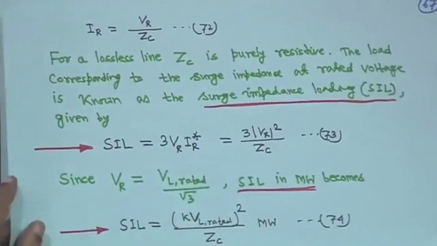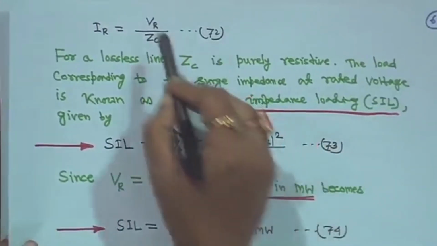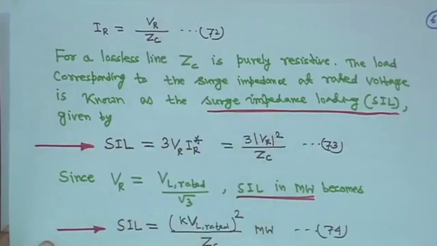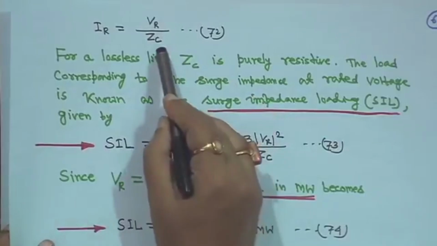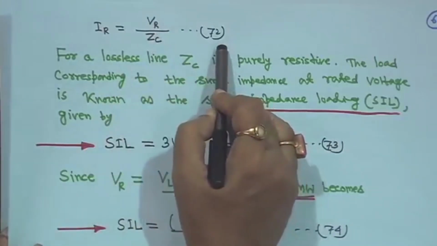That means IR will be VR upon ZC. This is equation 72.